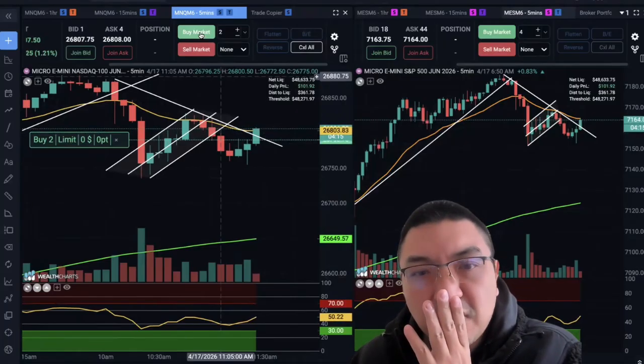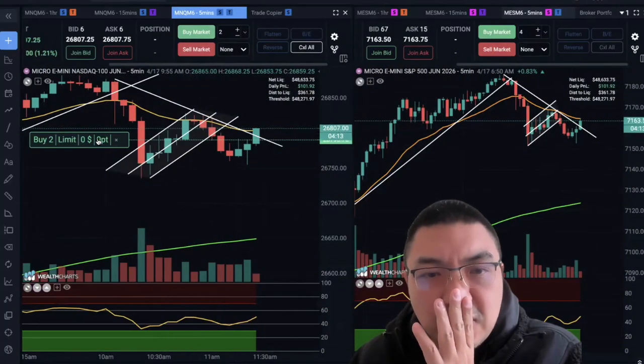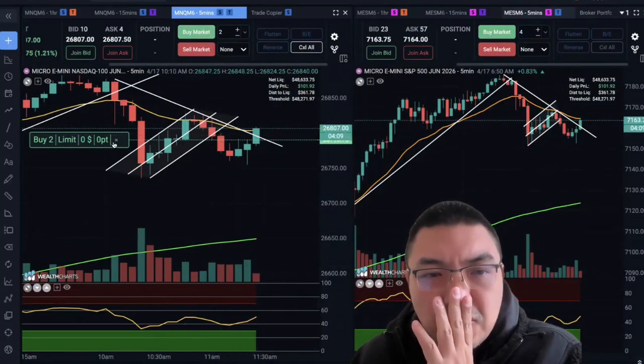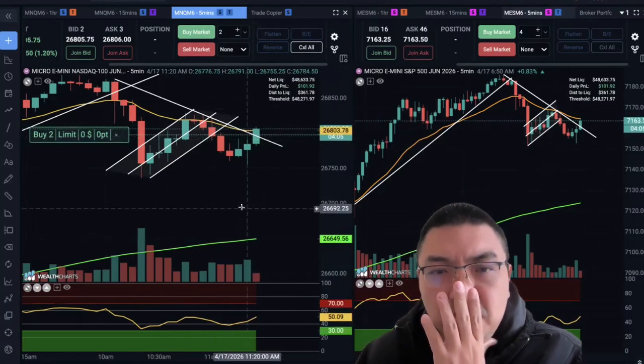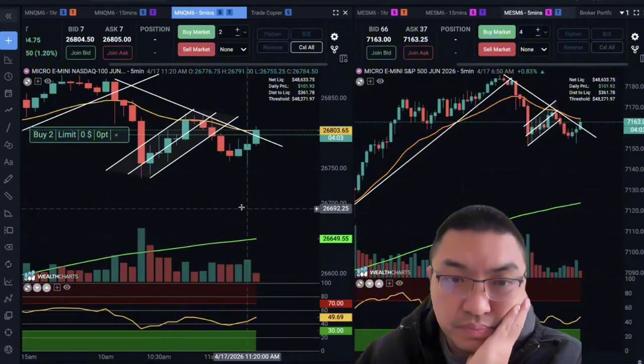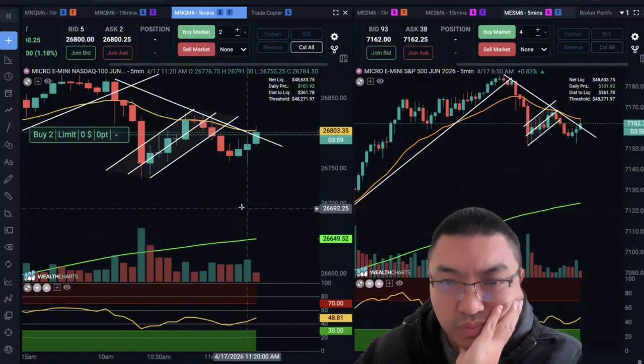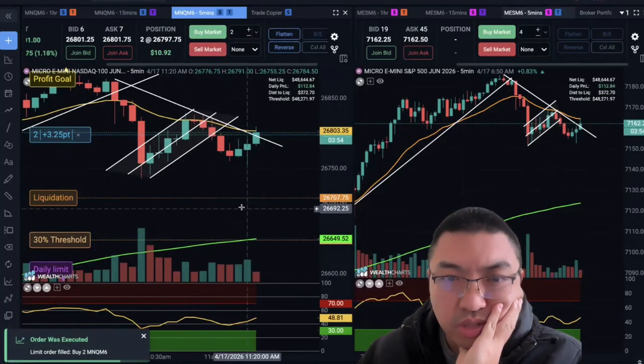This is the first, only the first mini. Zero retest. Okay.